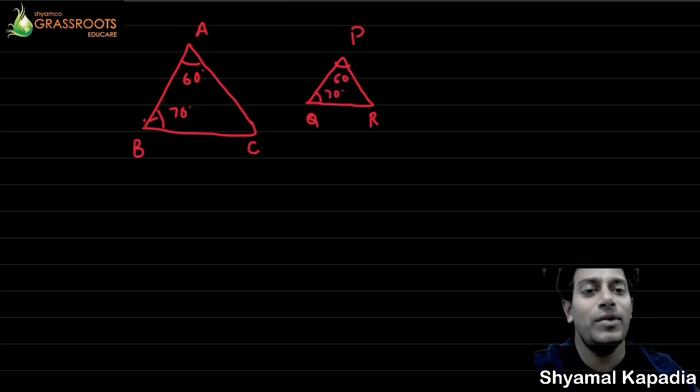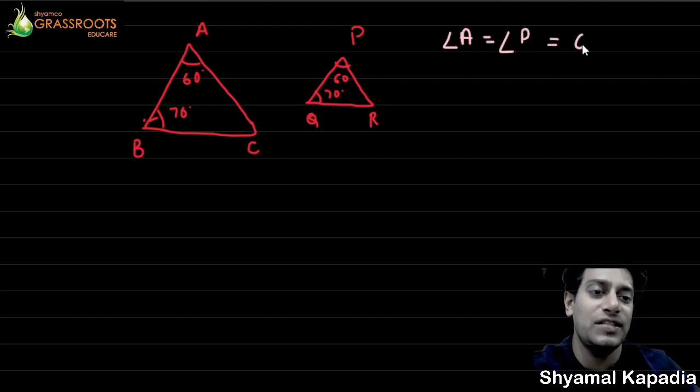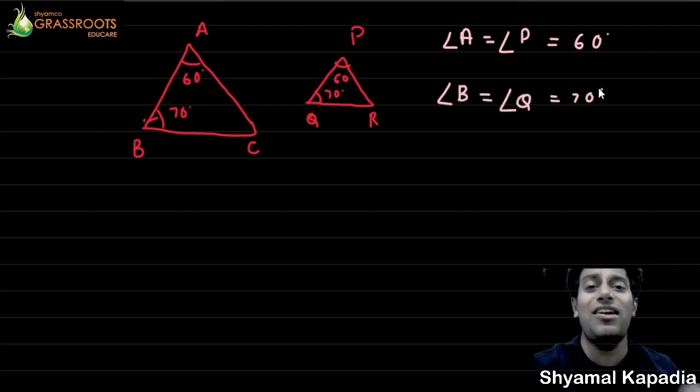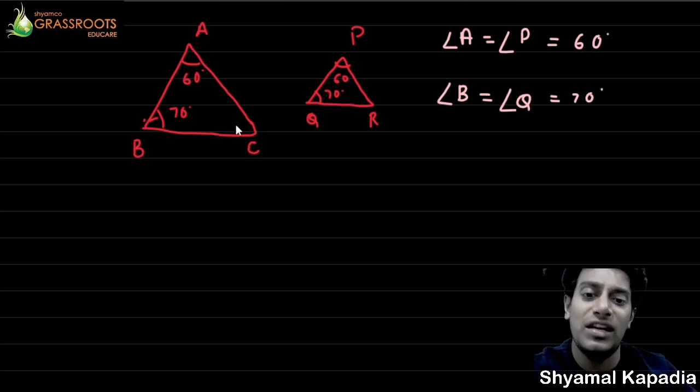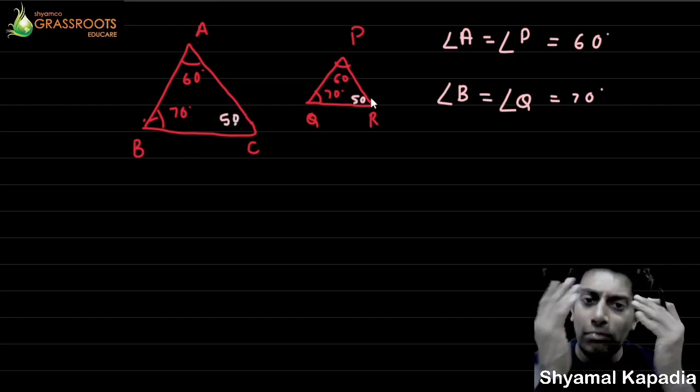So now tell me one thing, can I say the two angles are equal? Angle A is equal to angle P, which is 60, and this is given, angle B is equal to angle Q is equal to 70. Enough. Two angles are equal, you don't have to prove the third angle, because it is common sense that if two angles are equal then by angle sum property this has to be 50 and this has to be 50. Common sense.